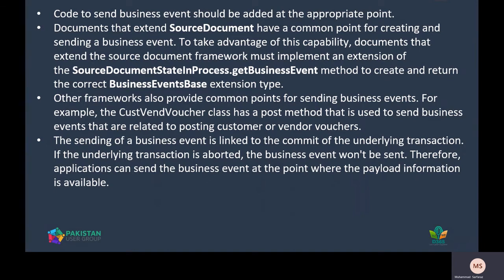So if you are sending out this event at an appropriate place in the transaction, it ensures that it is not sent out if you have incurred some kind of error.